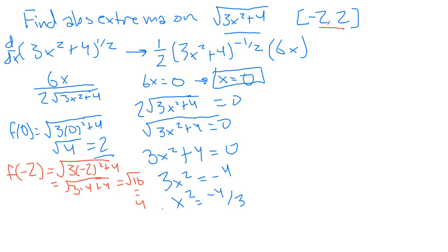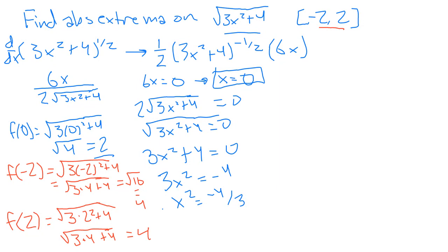Lastly, we need to plug in our last endpoint, f of 2, which is the square root of 3 times 2 squared plus 4, which once again gets us the square root of 3 times 4 plus 4, which from our last one we know equals 4.